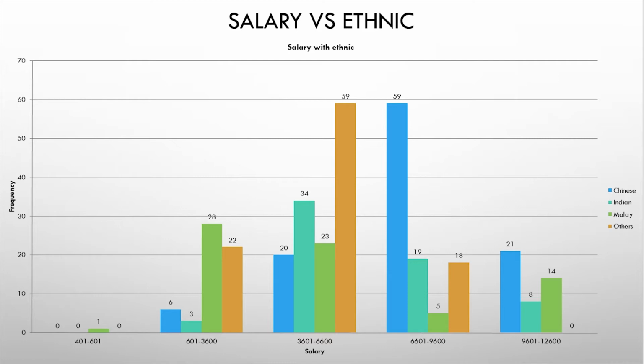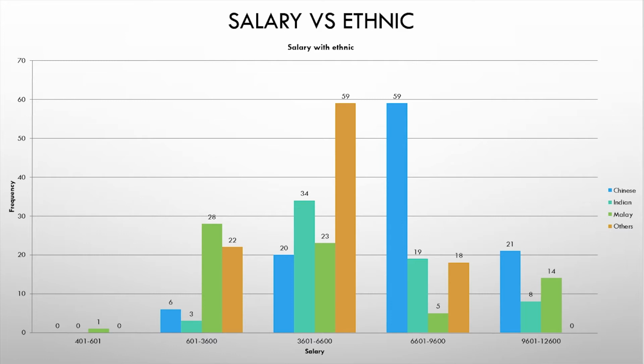We can see that only one Malay SQS alumni gets salary from 401 until 601. The number of Malay SQS alumni is higher at the rate pay from 601 until 3,600. At the rate pay from 3,601 until 6,600, other ethnic have the highest frequency.